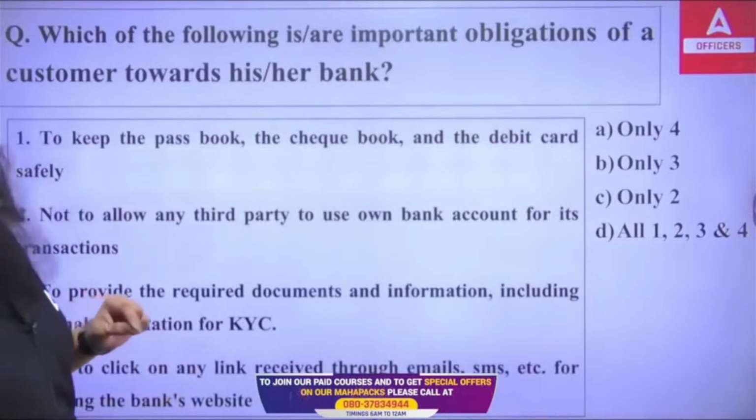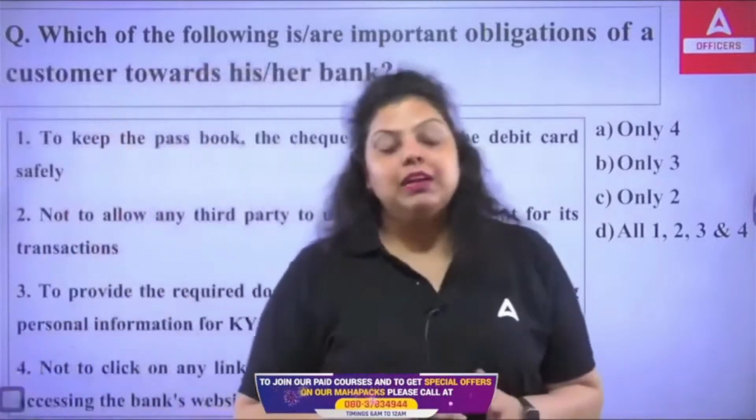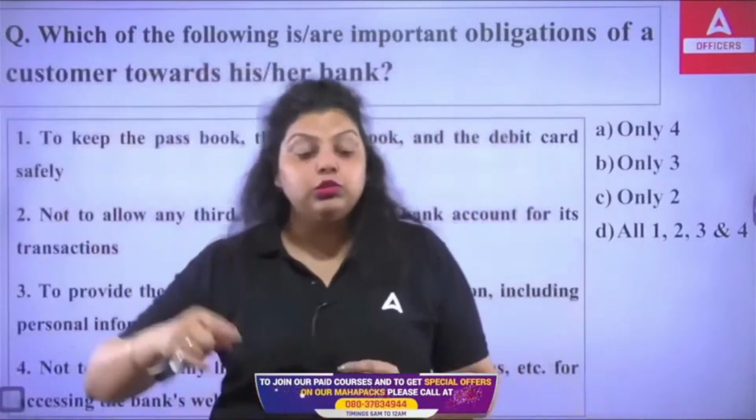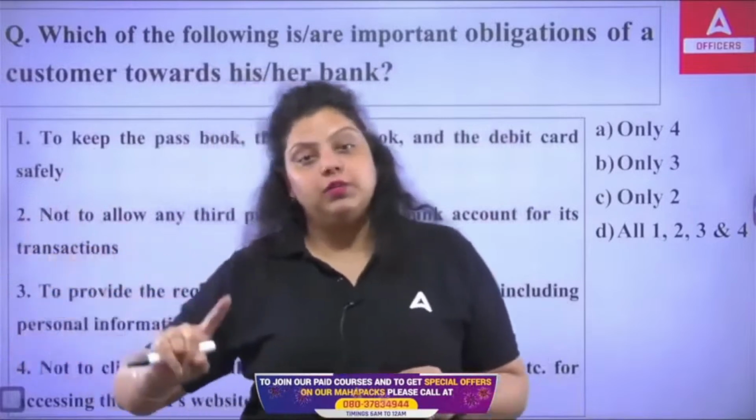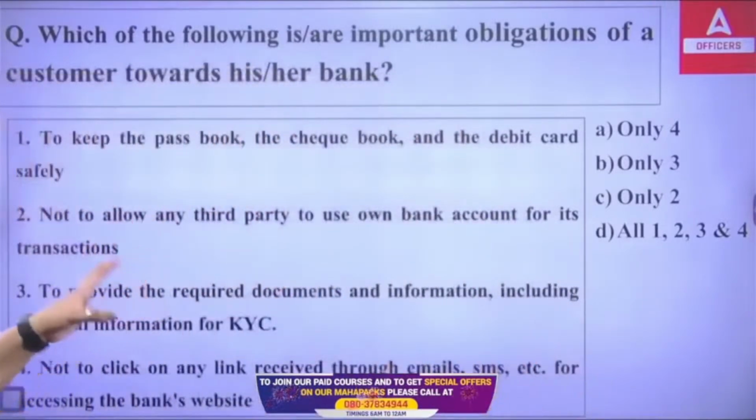Even on Google there are fake links of the bank's website, so always check that you are using the secure website of the bank. This is very important. So which of the following are the obligations of a customer towards the bank?